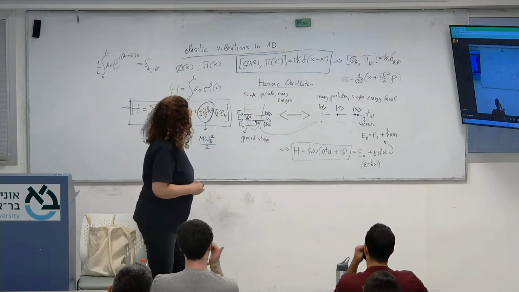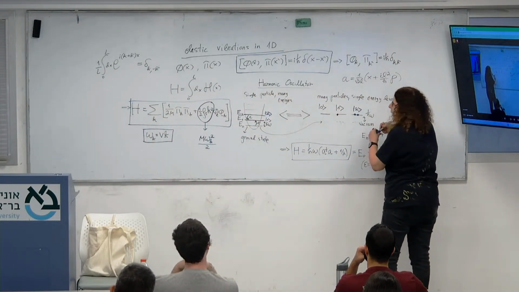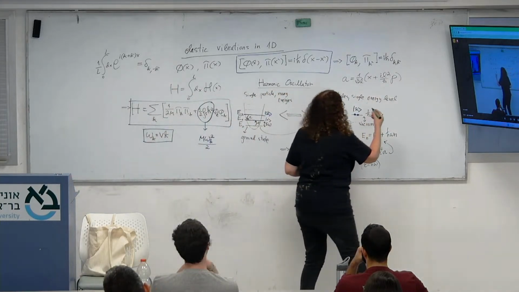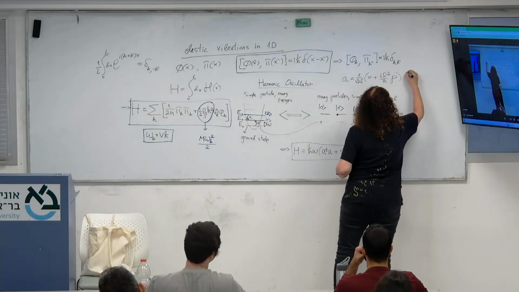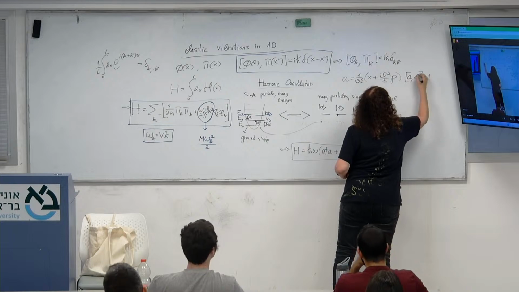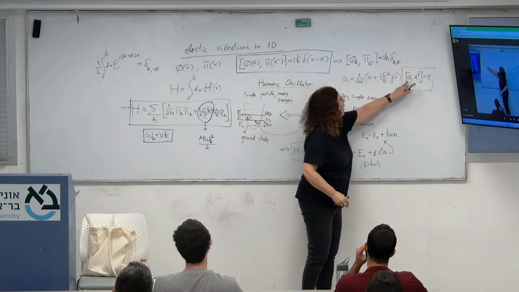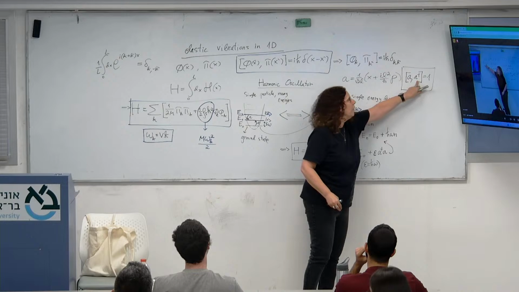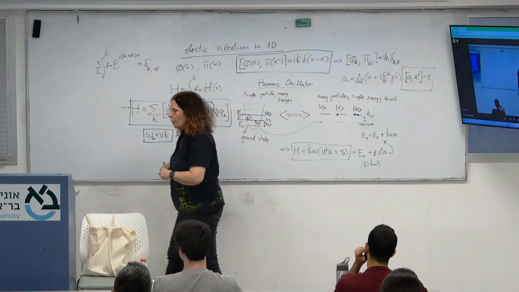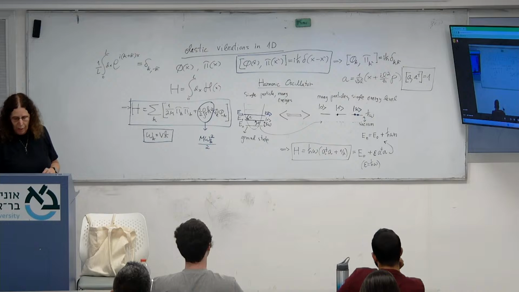It's a particle that is a boson, and mathematically, the fact that it's a boson, and we're going to discuss it in more detail later, is encoded in the fact that the commutator of the annihilation and creation operators is one. Okay, so that was all a reminder of undergraduate physics.